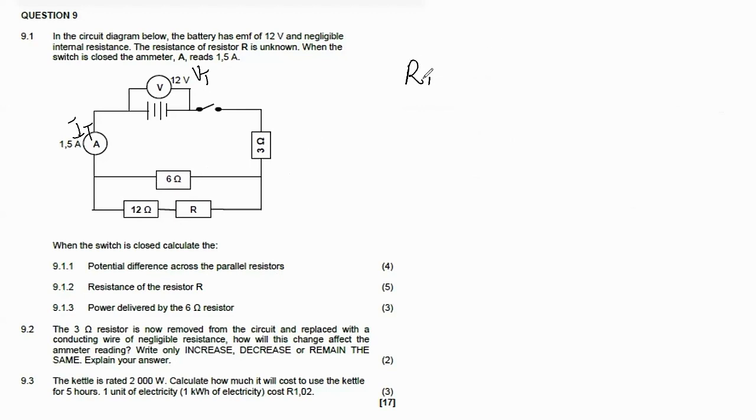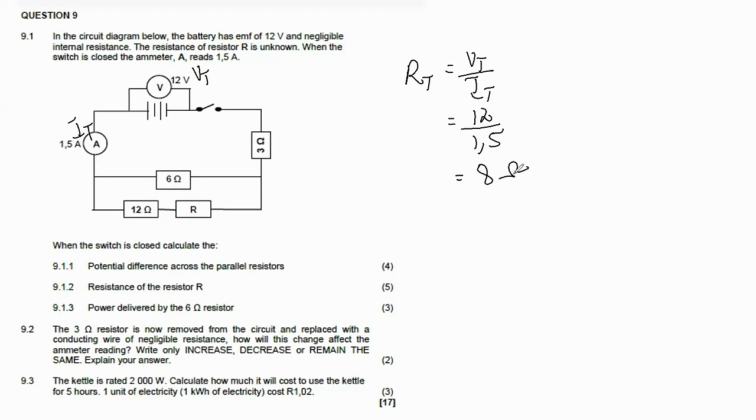By simply saying R total is equal to V total over I total. Our V total is 12. Divide that by 1.5, so 12 divided by 1.5 is going to give us 8 ohms.